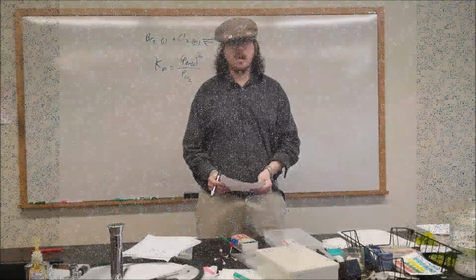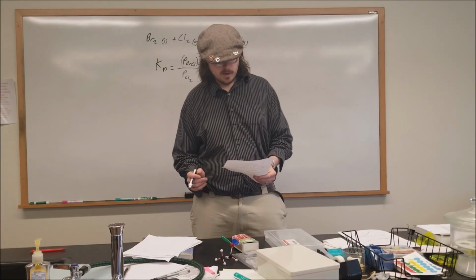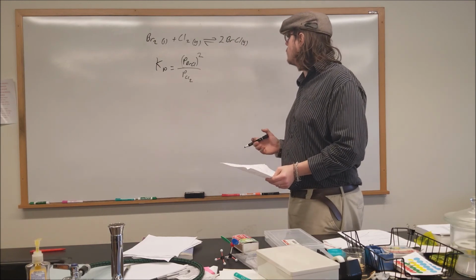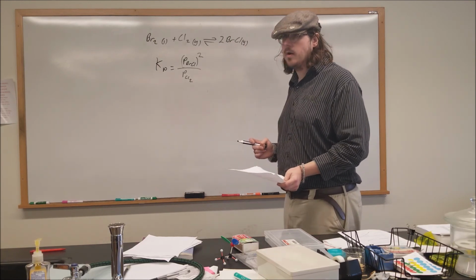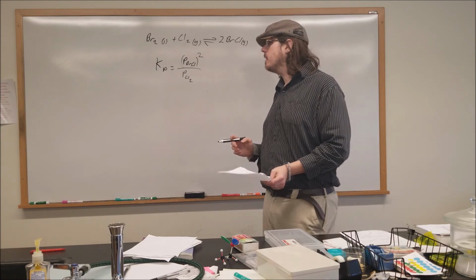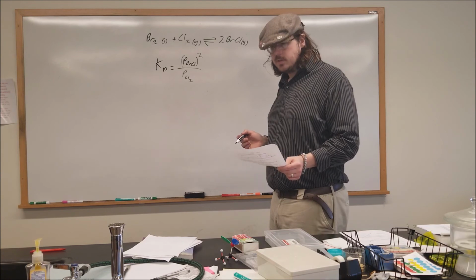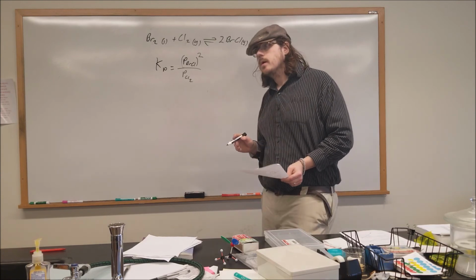Problem number 9. I asked you to determine the Kp for a reaction where chlorine gas is bubbled through bromine liquid to form bromochloride. What is the Kp under these conditions? Don't be fooled.